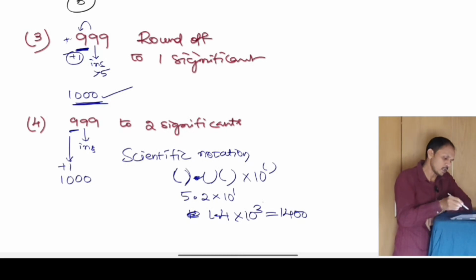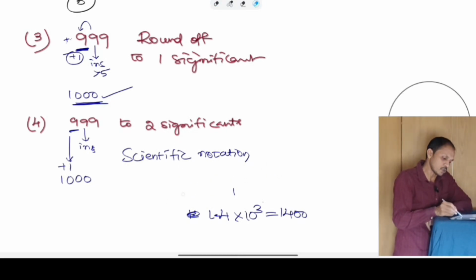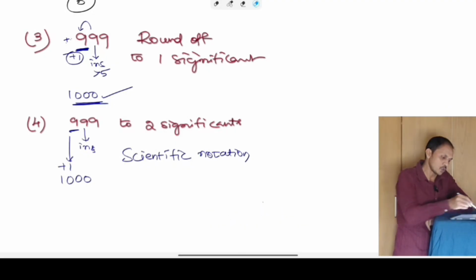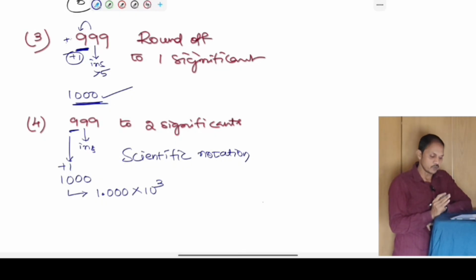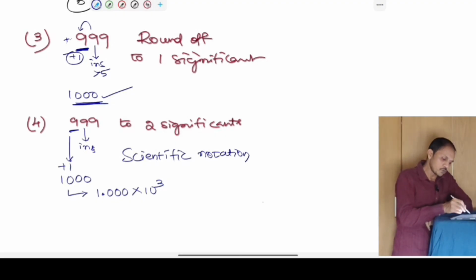Now let us write our answer as scientific notation. So what do we get? This can be written as 1.000 into 10 power 3. Okay, we converted to scientific notation. Still it is not completed. Now we have to round off to 2 significants.